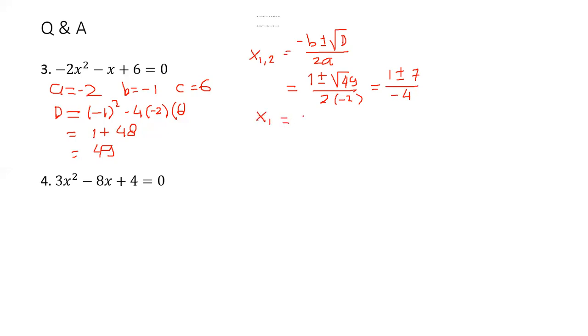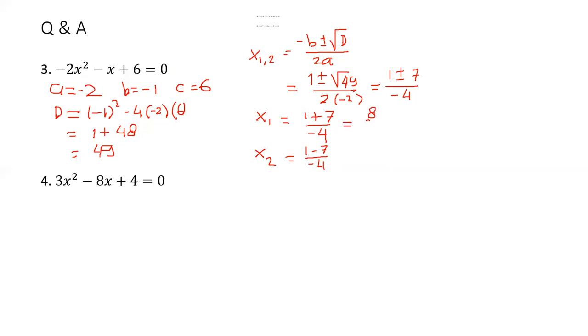Right, so now we're going to find the first x. The first x is 1 plus 7 over -4, and the second x equals 1 minus 7 over -4. So look at the difference between the first x and the second x: the first x is 1 plus 7, meanwhile the second x equals 1 minus 7. Now we're going to calculate.